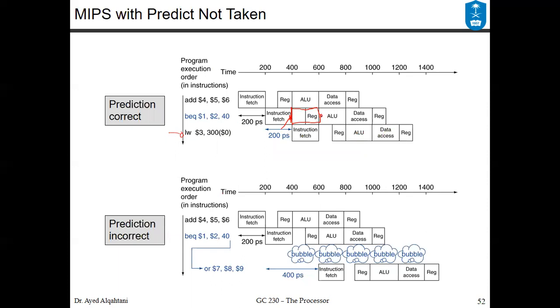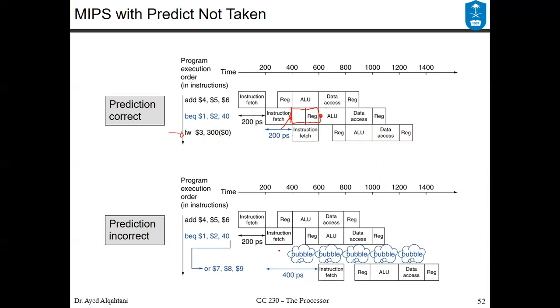And here, when the load is fetched, at this point, you can see if it is really true and the load is the one that is after the branch or not. If it is correct, then you just continue and no harm is done. And that's good.